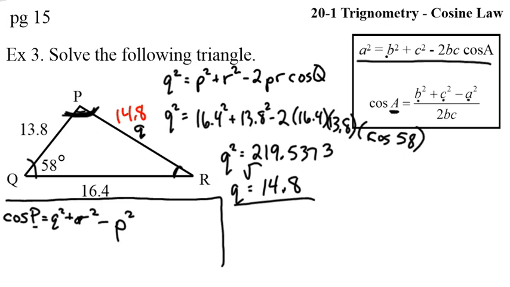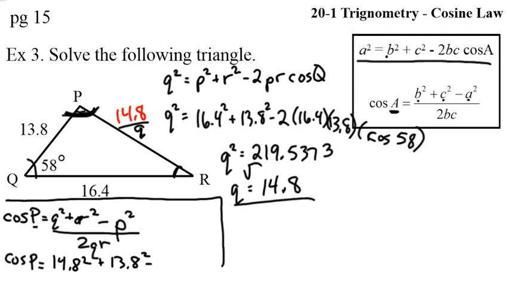Whatever angle, I need to subtract that side length squared, over 2QR. So when I plug in, cosine of P should be Q, now a calculated value, which is never always perfect to use to find something else, but we have to, plus 13.8 squared minus 16.4 squared all over 2 times 14.8 times 13.8.